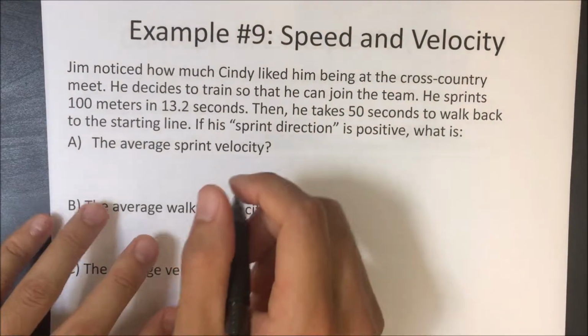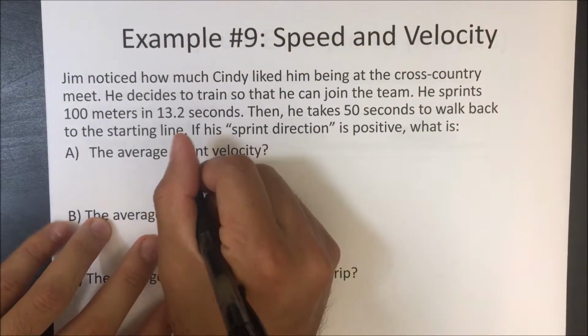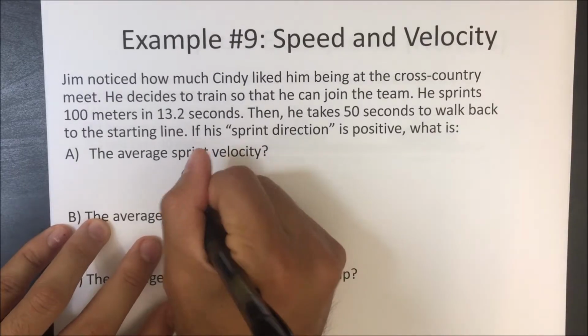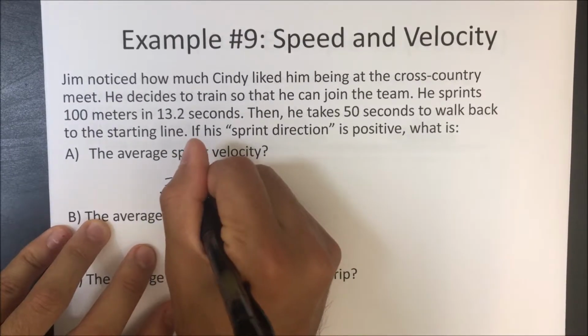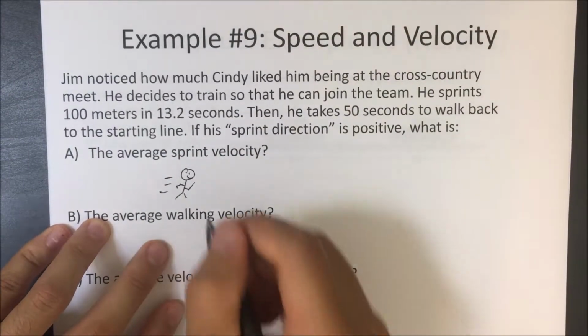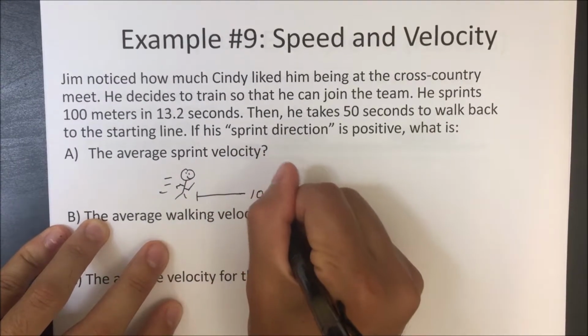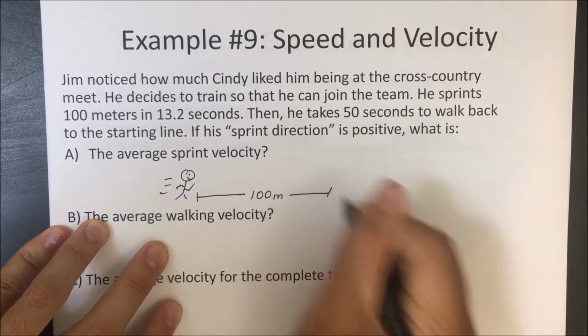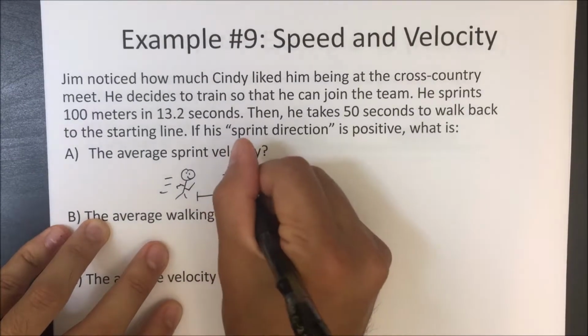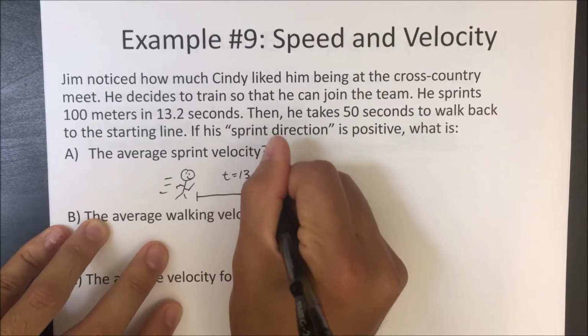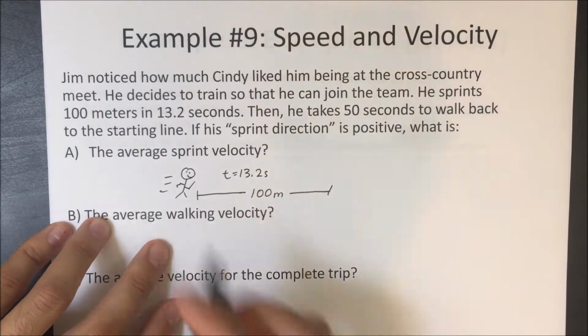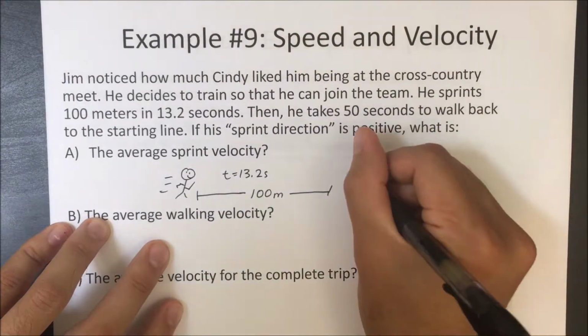Okay, so let's see. Jim is here. Oh yeah, Jim. And he's running in the positive direction, so we'll just put that to the right. So 100 meters, and it takes him 13.2 seconds. Okay, so we're looking for his sprint velocity.